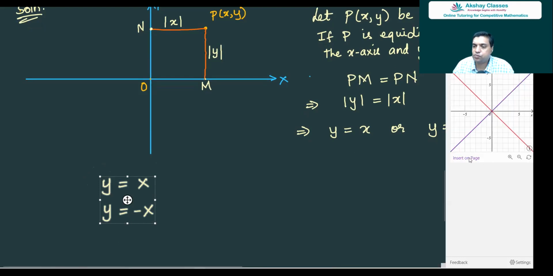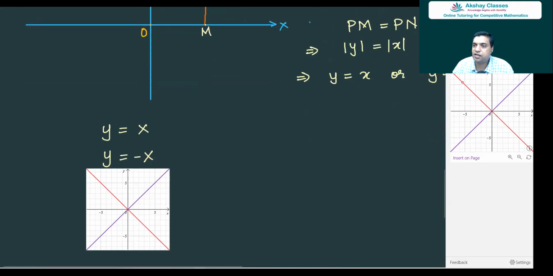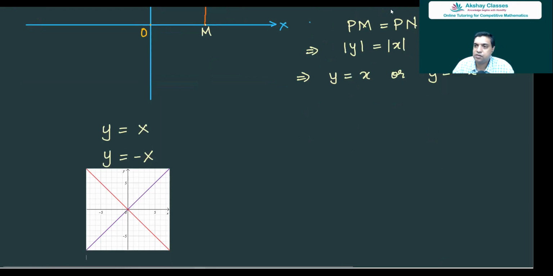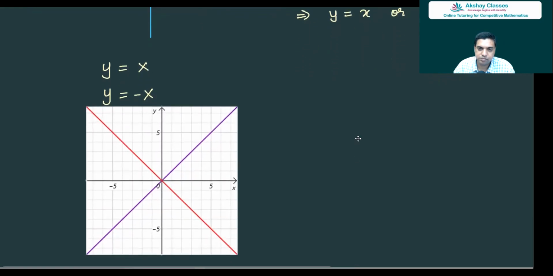So this is the graph. So this is the line y is equal to x.